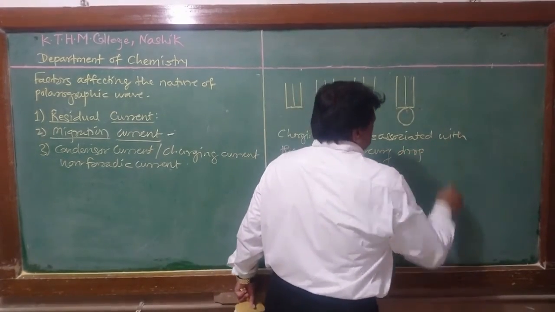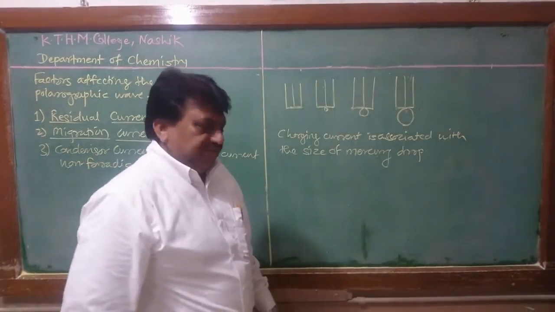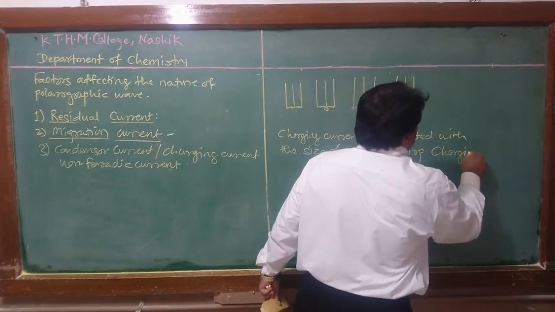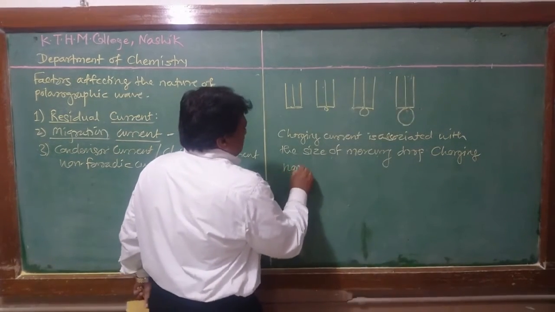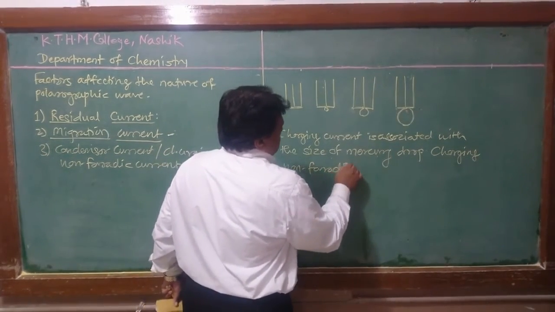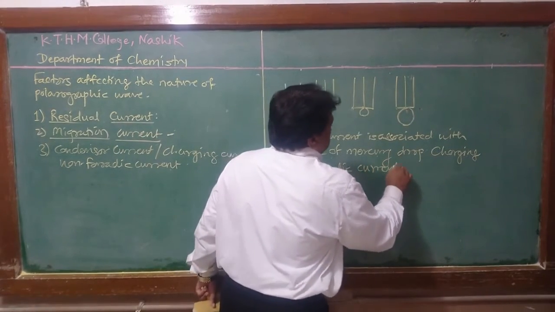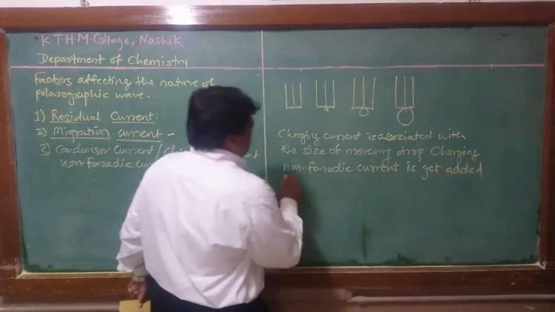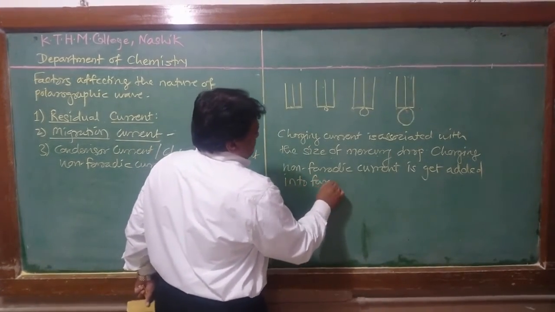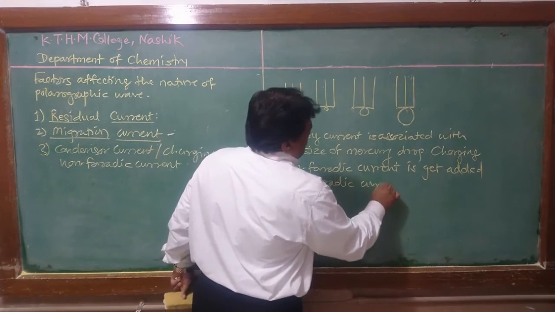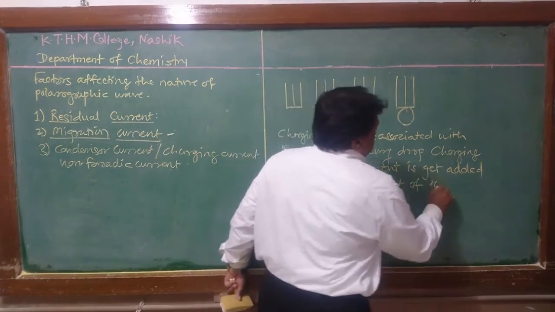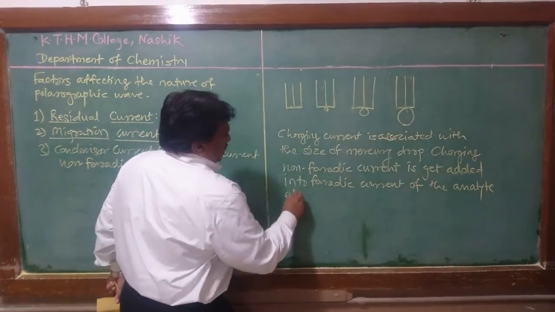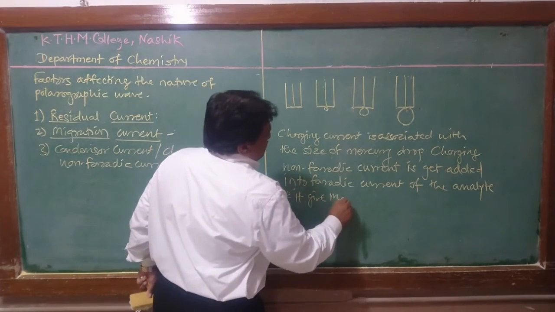As it is continuously changing, there is a charging current, and therefore the charging current or non-Faradic current gets added into the Faradic current of the analyte, and it gives more concentration of analyte.